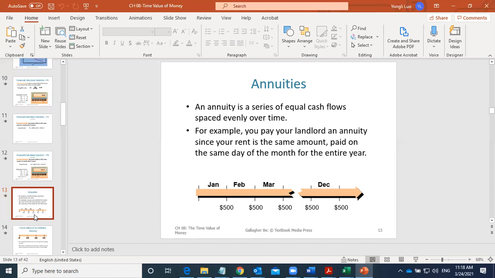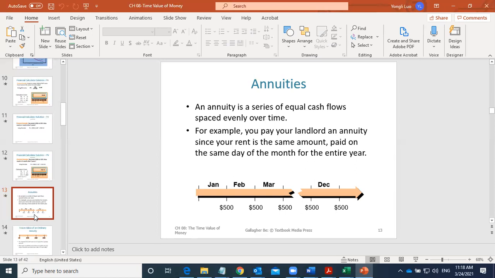That's not an equal time interval. That is not an annuity. So an annuity has to satisfy two criteria: equal payment, equal time interval.